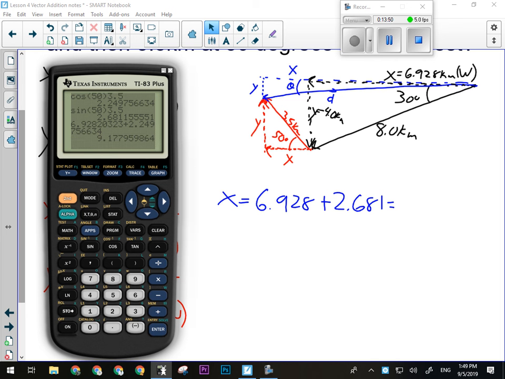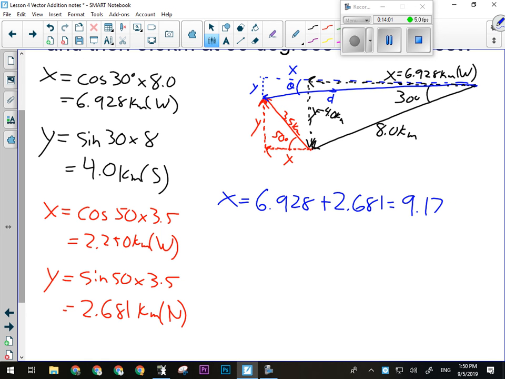Okay, so my overall west component, or x component, is 9.178. Again, I'll keep all my decimals. Okay, so over the whole trip, the boat went 9.178 kilometers west.